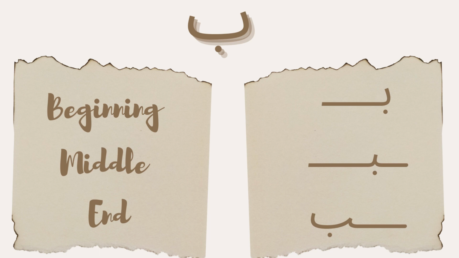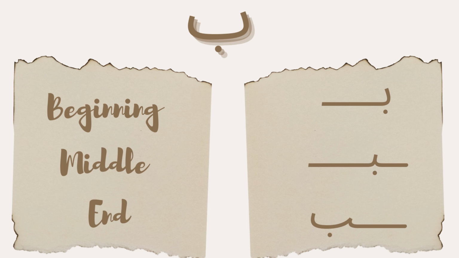For example, the letter ba that we talked about, with one dot below, its shape will be a bit different according to its position. In the beginning, it will have this shape. In the middle of the word, it will have another shape. In the end, it will have another shape.